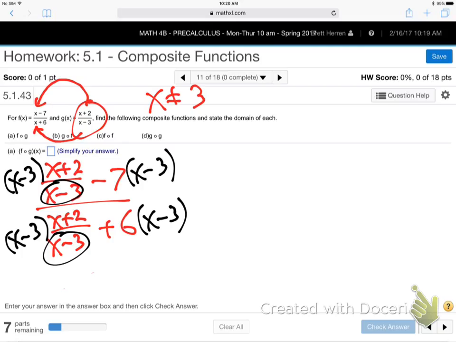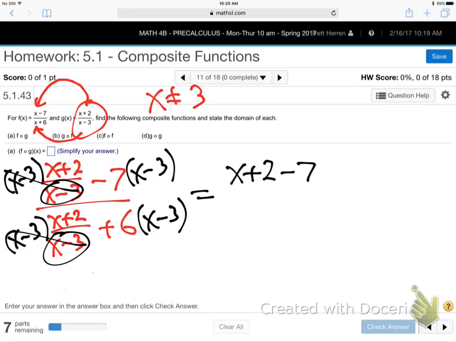Does that make sense? Everybody gets one? And these cancel.